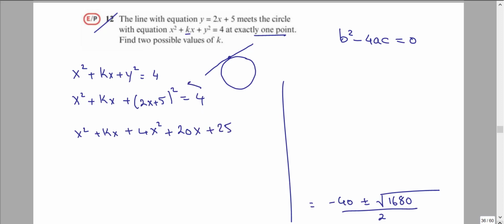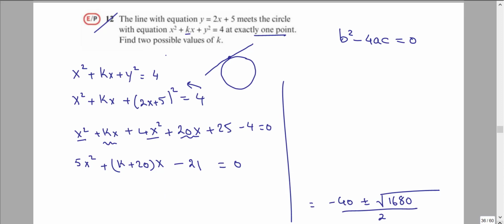And move the 4 to the other side, so it will be minus 4 equals 0. Then add the terms in x squared. You have 2x squared. And add the terms in x. So you have plus kx plus 10x. Take x as common, so you have k plus 10. And then we have 25 minus 4, that's 21, equals 0.